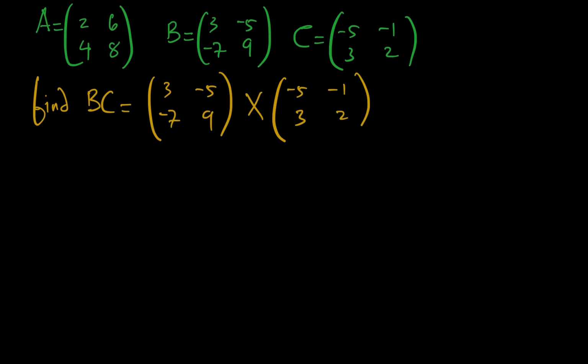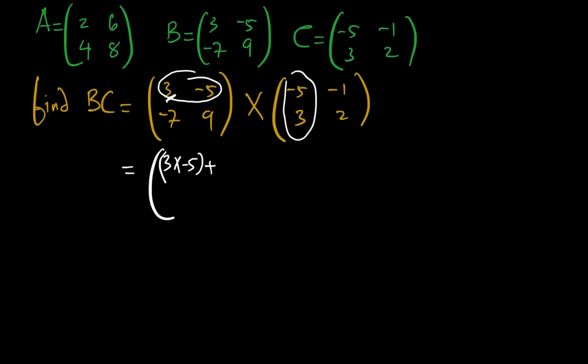We take the 3 and multiply by negative 5, and then we add it to the negative 7 multiplied by the negative 1. So we take this and multiply by that in that order. The 3 will multiply the negative 5 first. And then we add it.